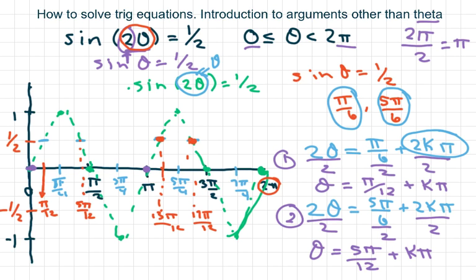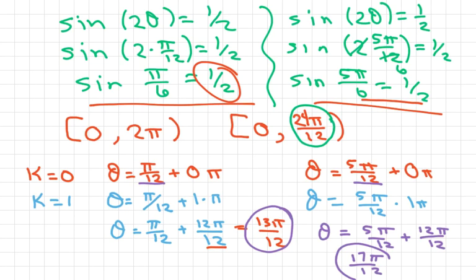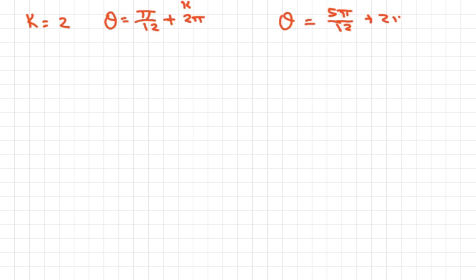Now I'm going to go ahead and try k equals 2. So that's going to be theta equals pi over 12 plus 2 pi, because that was your k, and theta equals 5 pi over 12 plus 2 pi.